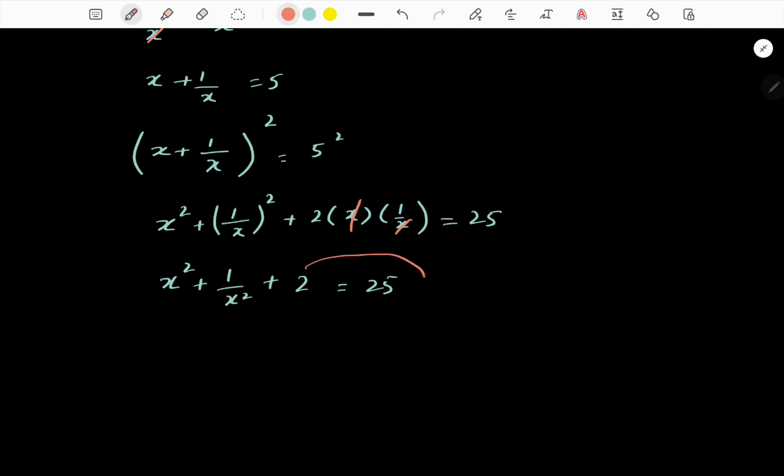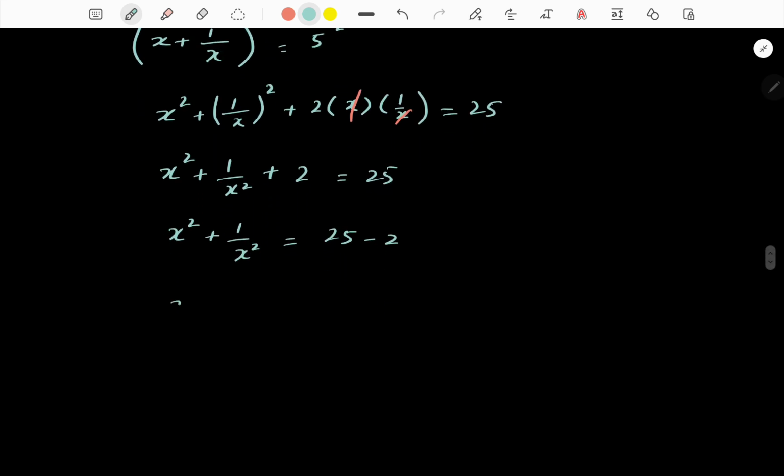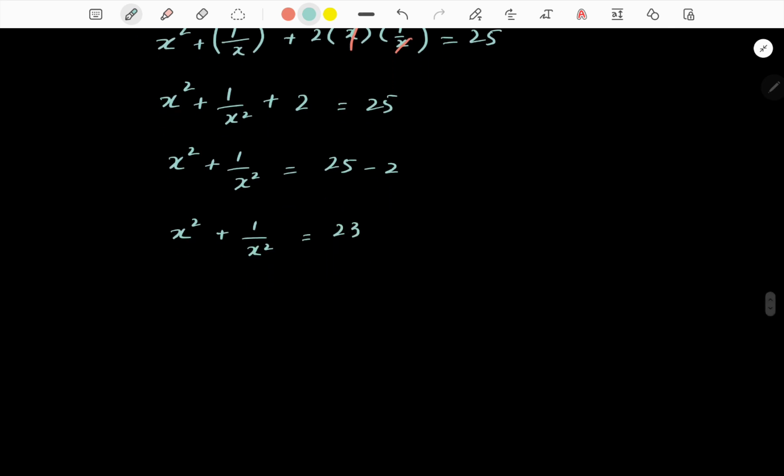Taking this 2 to the right, we will get x square plus 1 over x square is equal to 25 minus 2, and which is equal to x square plus 1 over x square is equal to 23.